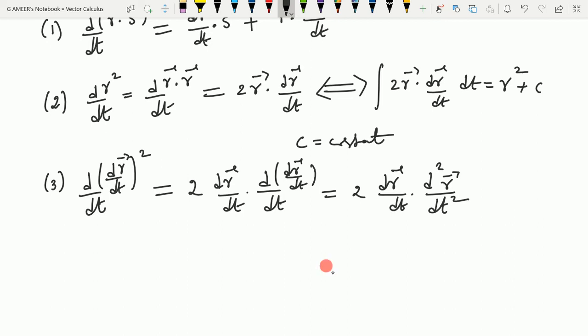Okay, so again it is r square, it is a scalar. So that means we need to put the dot product here. Don't forget to put the dot product here.